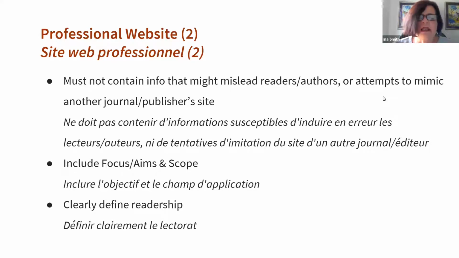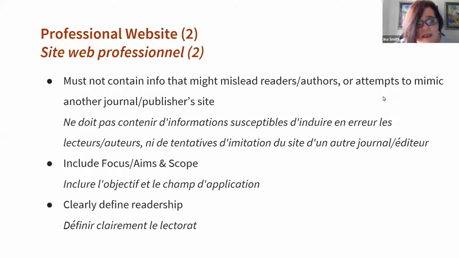I also have this question: how can this be? Because each journal is supposed to have its unique identity and look different from one another. So yes, it's very difficult to distinguish one journal from another if they all look the same and they only have different titles and different ISSNs.